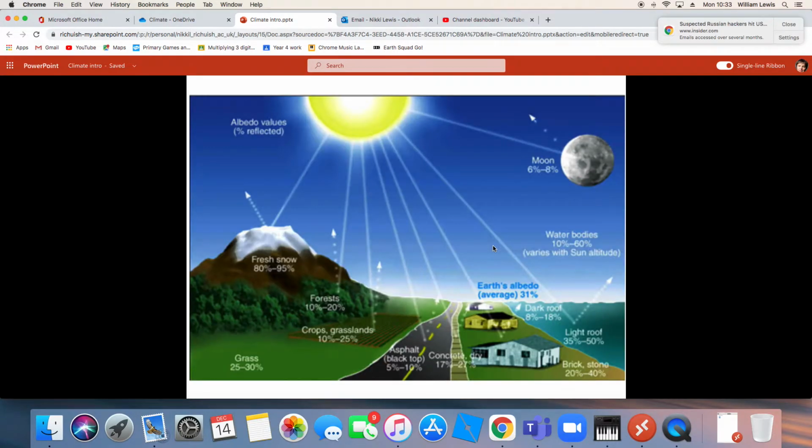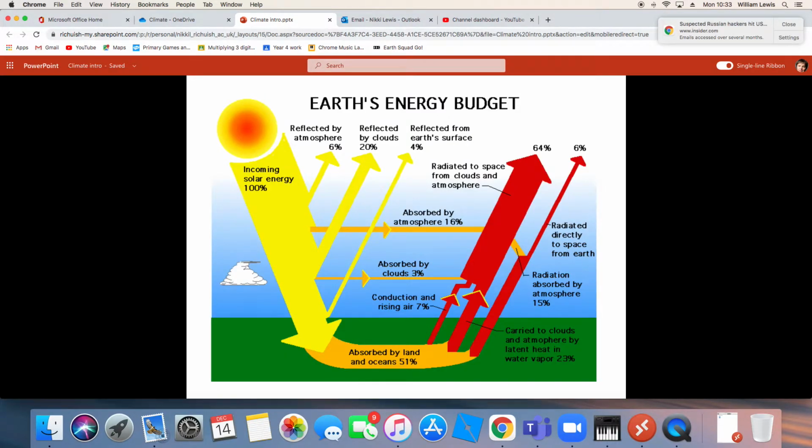And if I could just briefly take you back to this diagram, in video number 1, we talk about insolation and we say as insolation comes through the atmosphere, all sorts of things happen to it. And actually, on average, only about half of it ever makes it to the Earth's surface, i.e. insolation gets lost as it passes through the atmosphere.